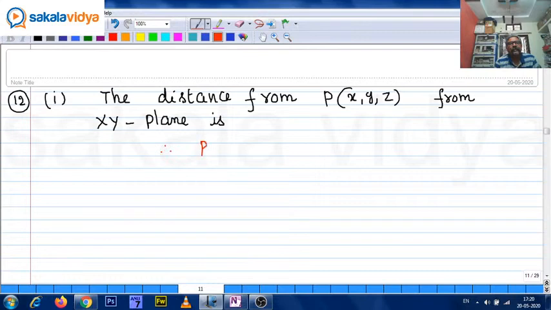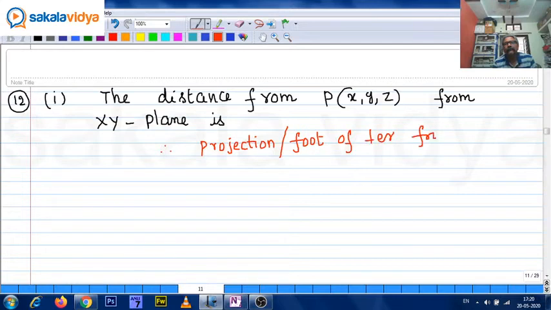See the projection, or foot of the perpendicular, you can say, from P(x, y, z) on the xy plane.